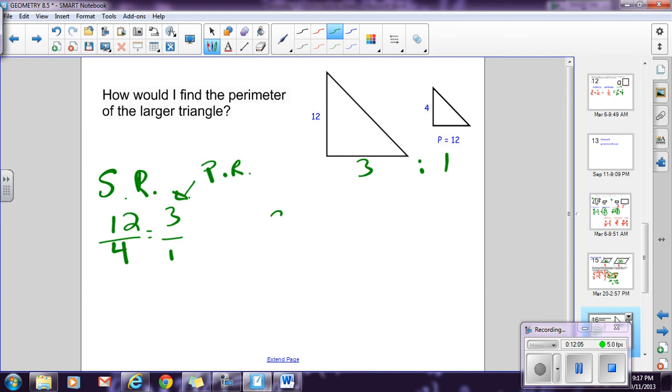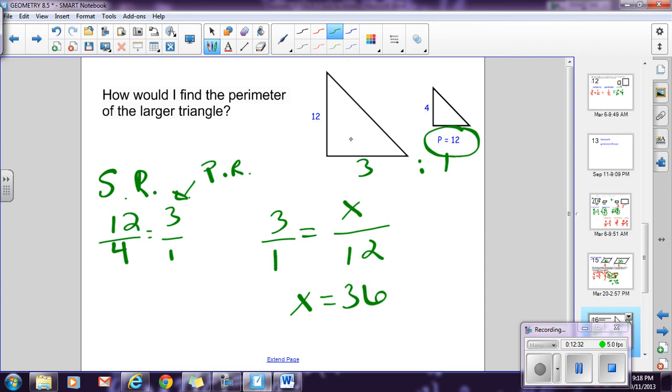So I'm going to take the perimeter ratio of 3 to 1 and compare it. They tell me the perimeter of the small one is 12, so where am I going to put that 12 in the proportion? I'm going to put it in the bottom, and then put x up top. Cross multiply: 1 times x is x, or 1x. 3 times 12 is 36.